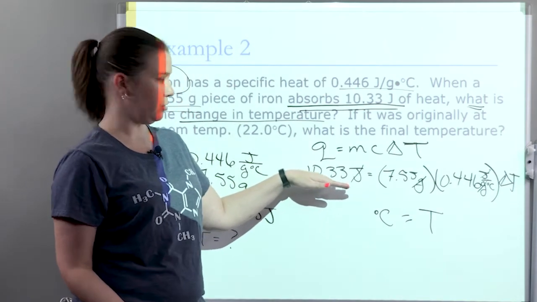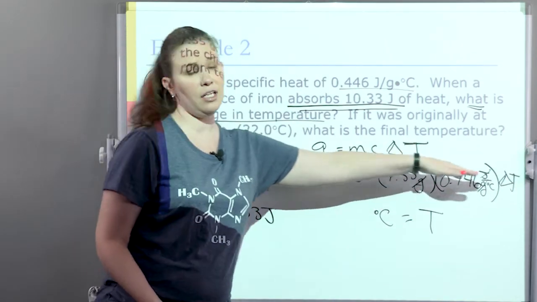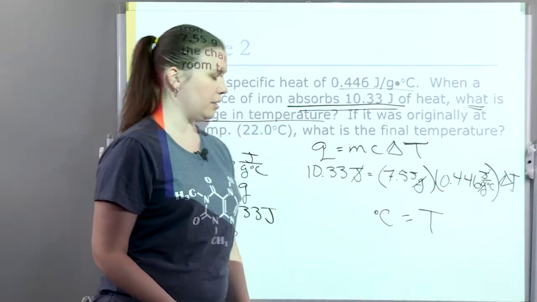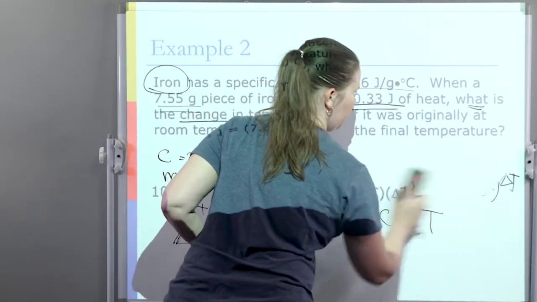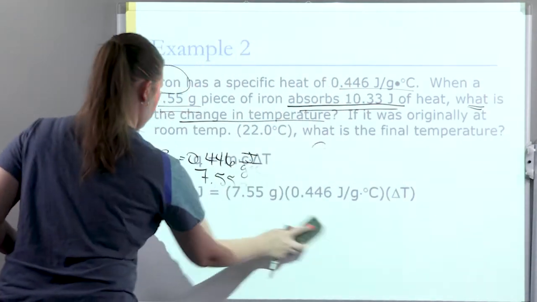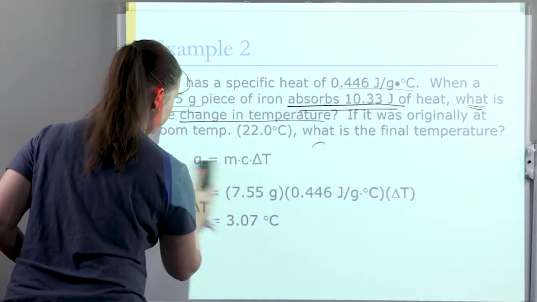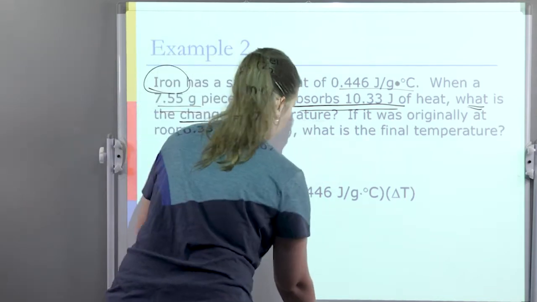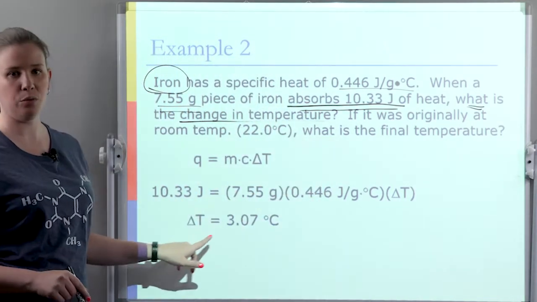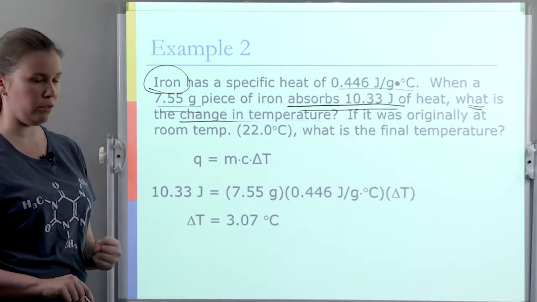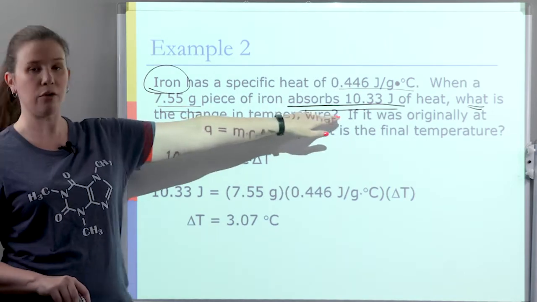So now I just need to actually do this division. What is 10.33 divided by each of these numbers to get the delta T? So let's go ahead and see what we get math-wise in the calculator for our delta T. Okay, so when you divide to isolate delta T, we get a change of 3.07 degrees Celsius, which is the answer to our first question.